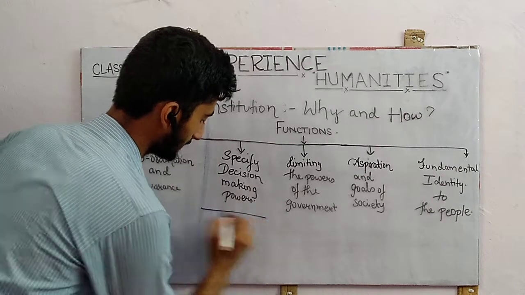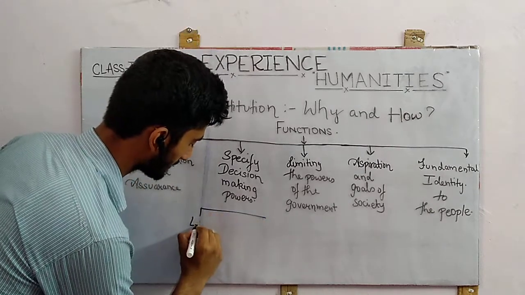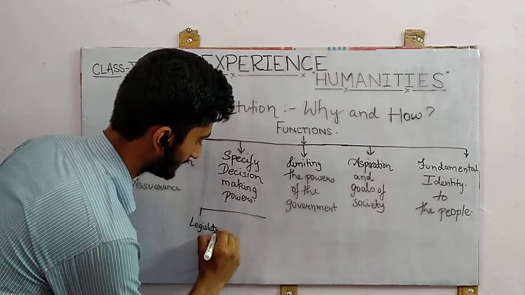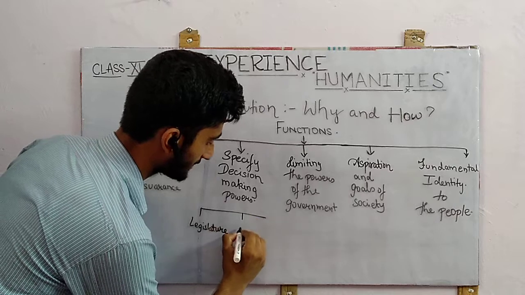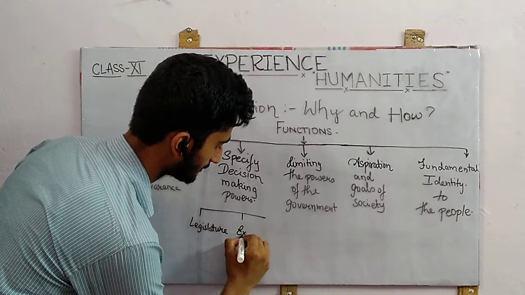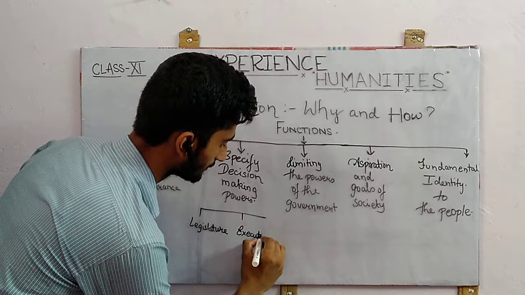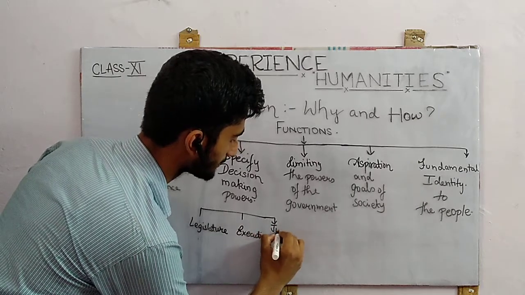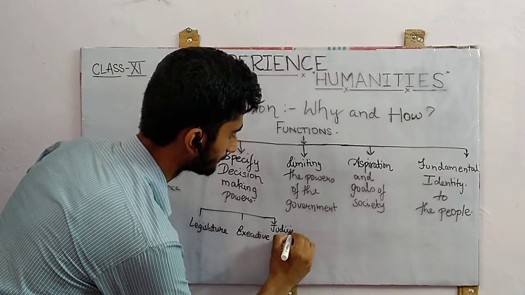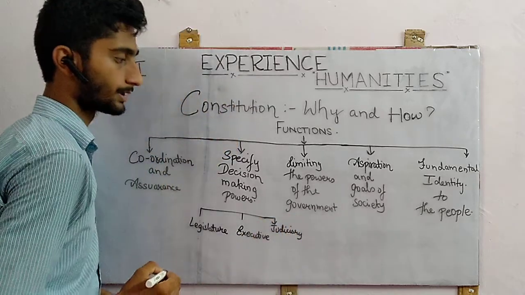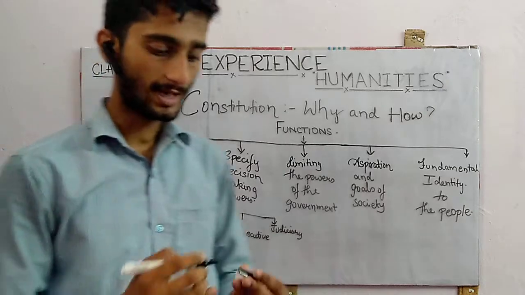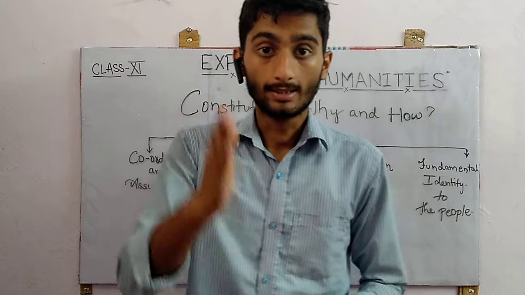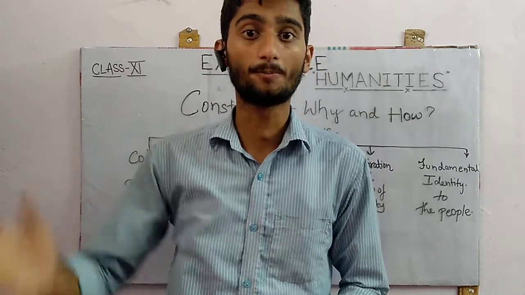Like, we have the legislative powers by legislature. We have executive powers. We have judiciary powers. So all these powers are given by the Constitution of India to govern the country in a proper manner.